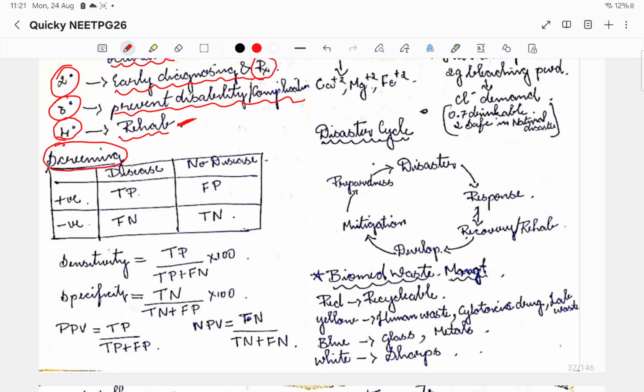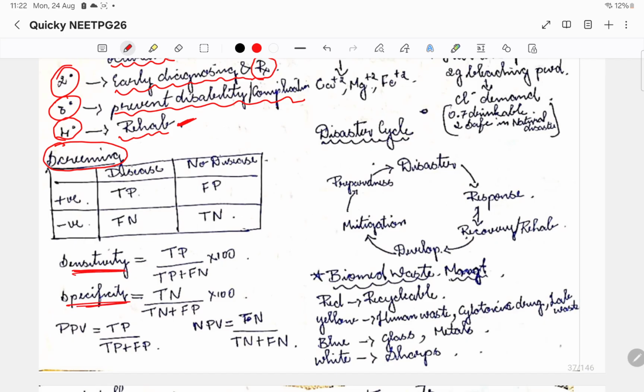In these card tests, we have to see whether it is sensitive. The higher the sensitivity, the better it is able to detect the disease at an early stage. And specificity means the diagnosis is proper, that is, whether the person was specifically having that particular disease, is what we are trying to prove. This is specificity. Then sensitivity, I told you, right?